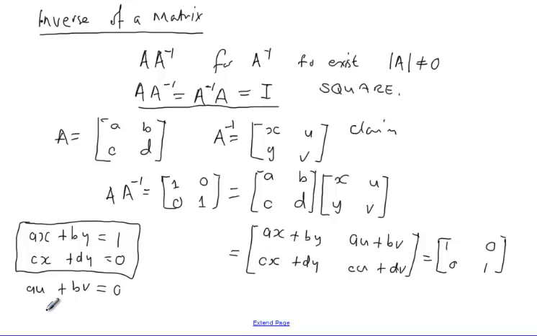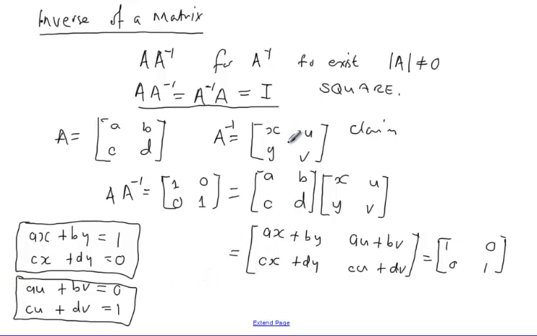The guy who says 1, he is still going to open his eyes. Don't worry about it. Then there's CU plus DV equals 1. The guy who said 1 now is correct.